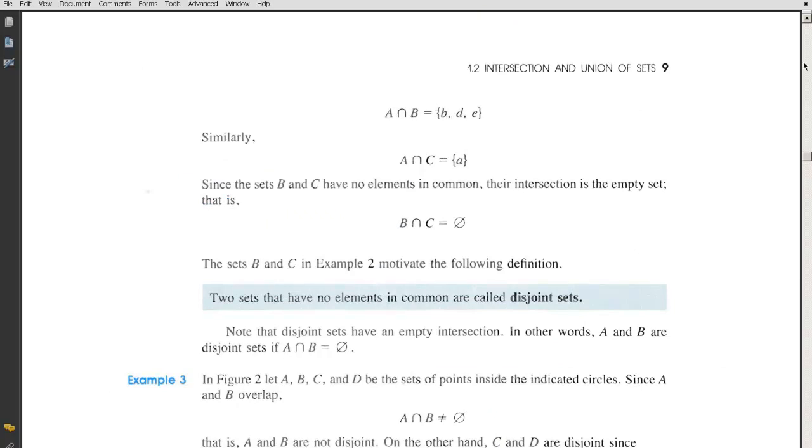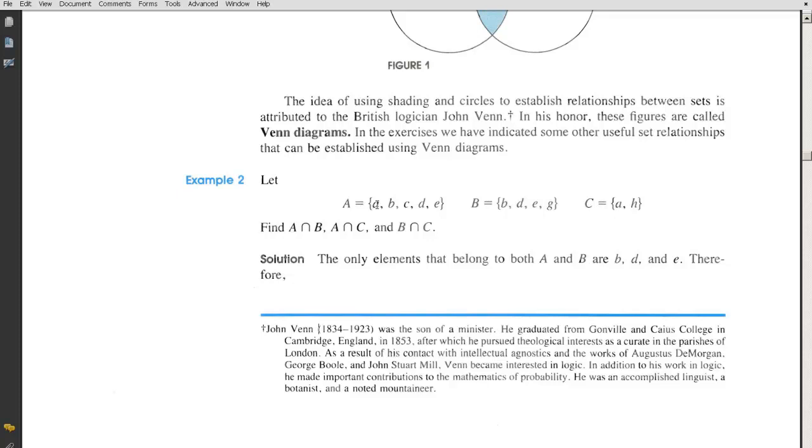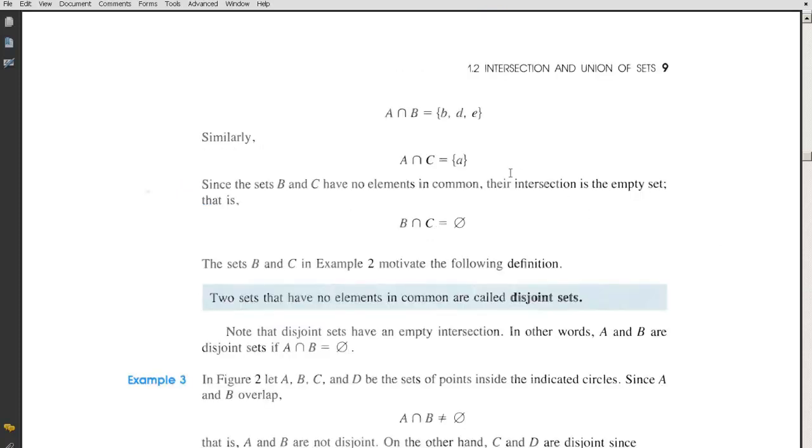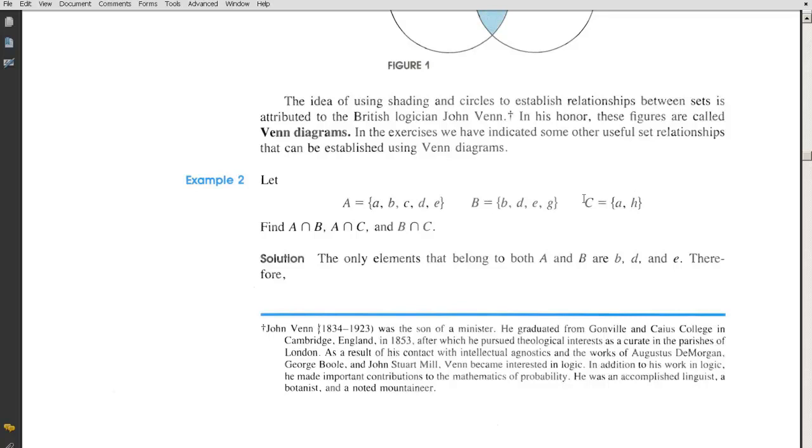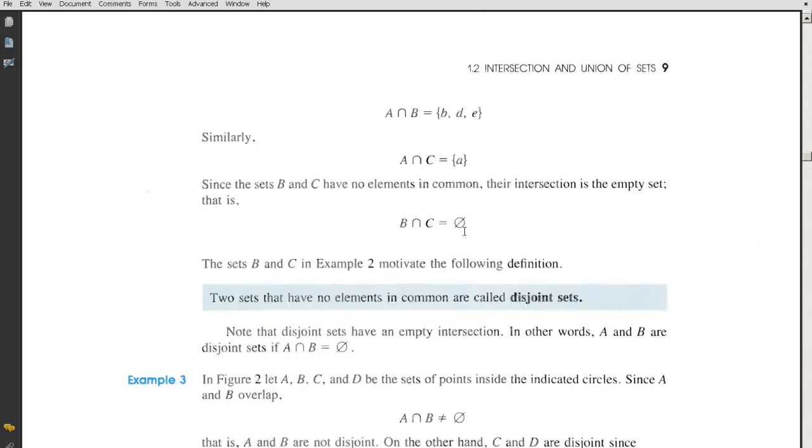What about the intersection of A and C? A and C only have the element A in common, so the intersection is A. And B and C: B and C have nothing in common, so we write that the intersection is the empty set. If two sets have nothing in common, like B and C, they're called disjoint sets.